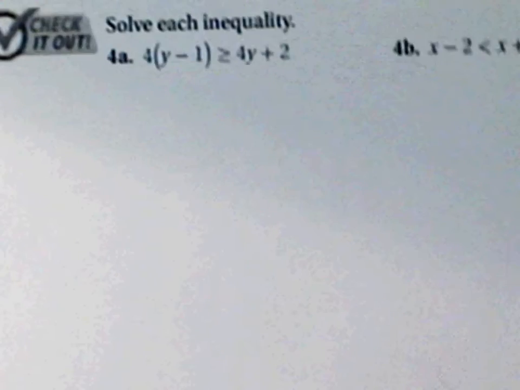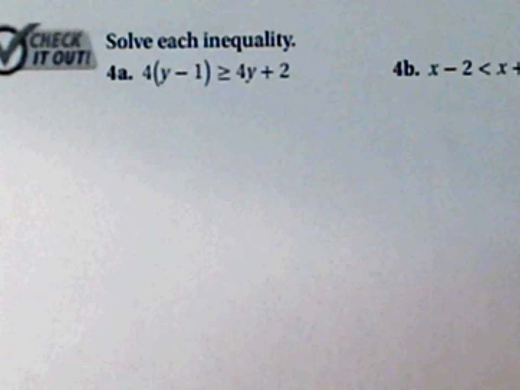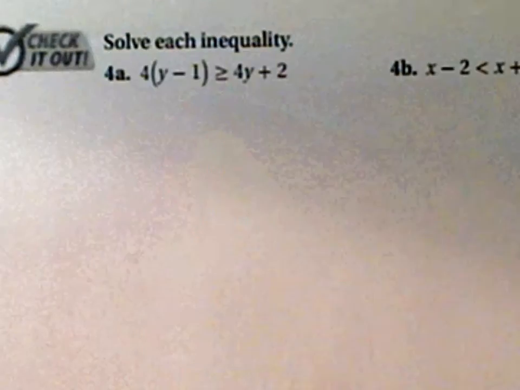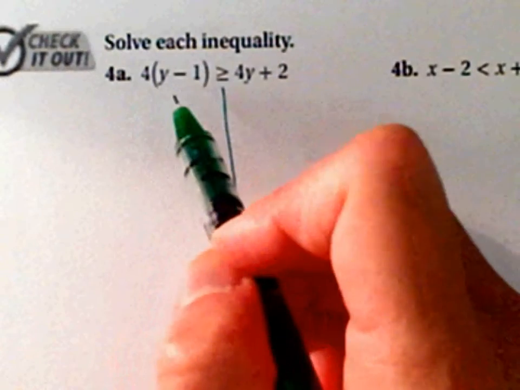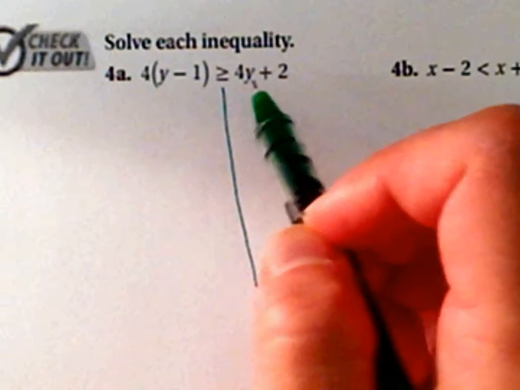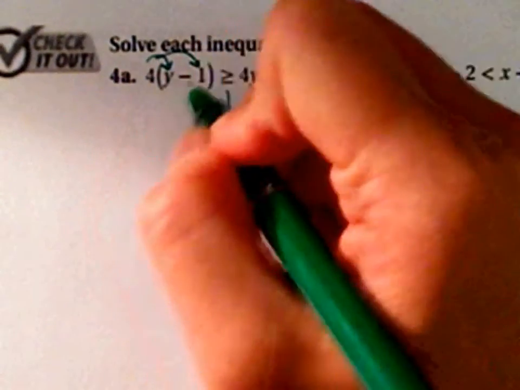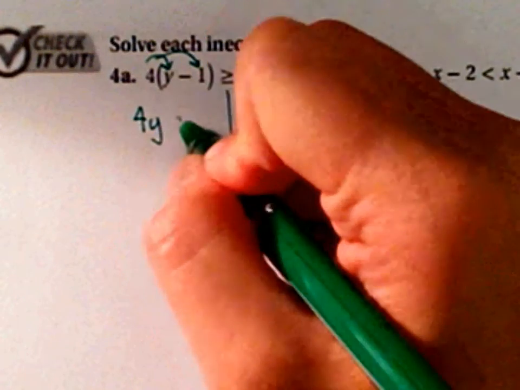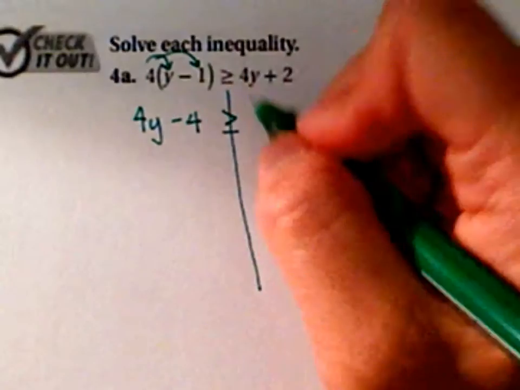Now I want you guys to write this part down as well. This one you're going to try to do yourself. You're going to solve each inequality. 4 times y minus 1 is greater than or equal to 4y plus 2. Distribute. 4 times y is 4y. 4 times negative 1 is negative 4. It's greater than or equal to 4y plus 2.